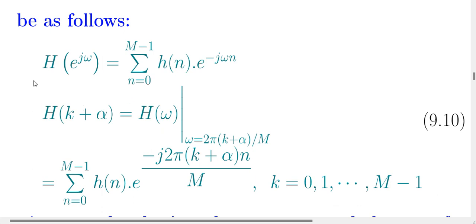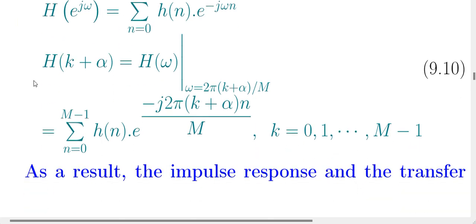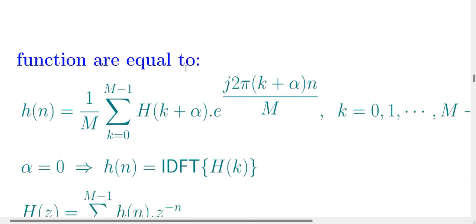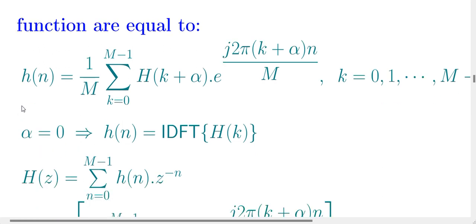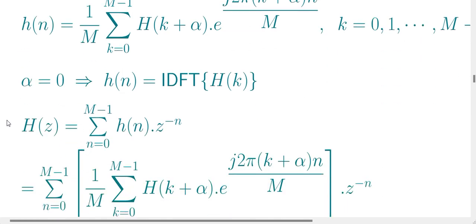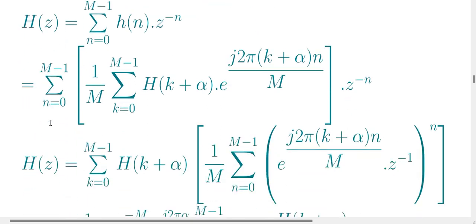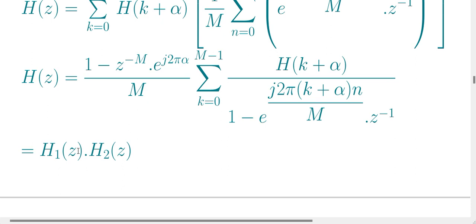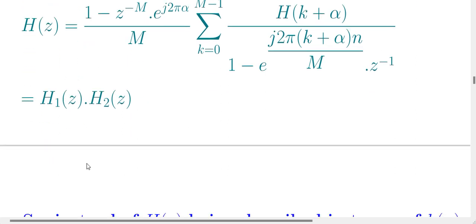As a result, the impulse response and the transfer function are equal to h(n), you see the details, and H(z), and the last part for H(z), which is equal to H1(z) times H2(z).